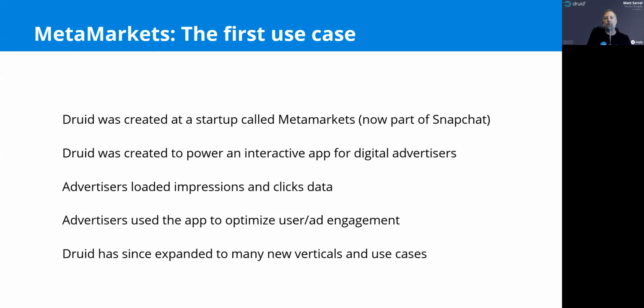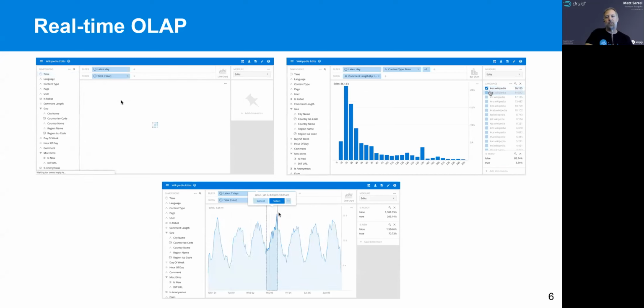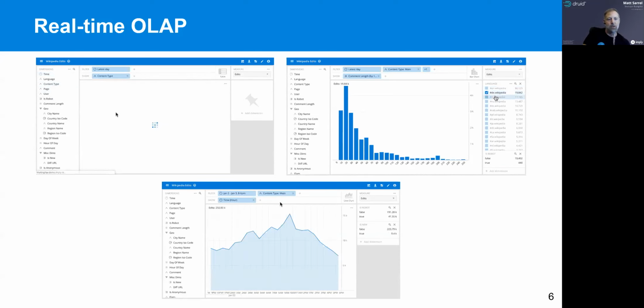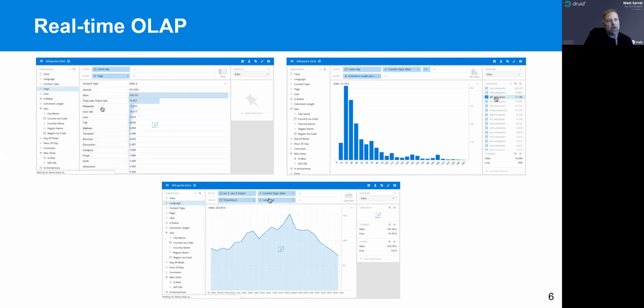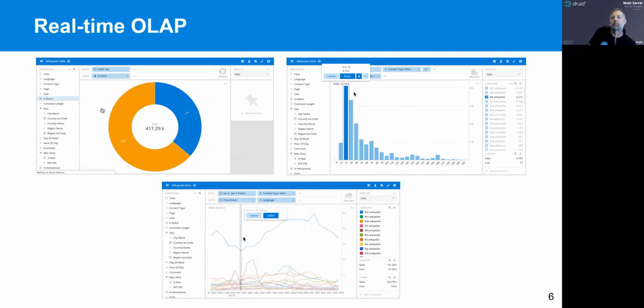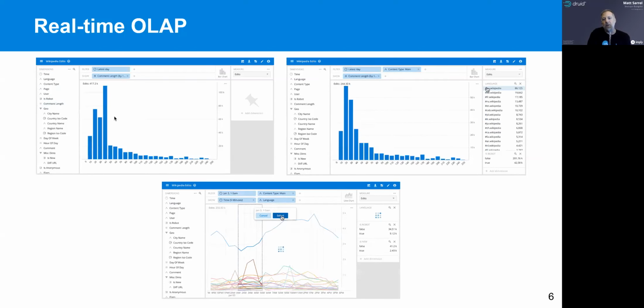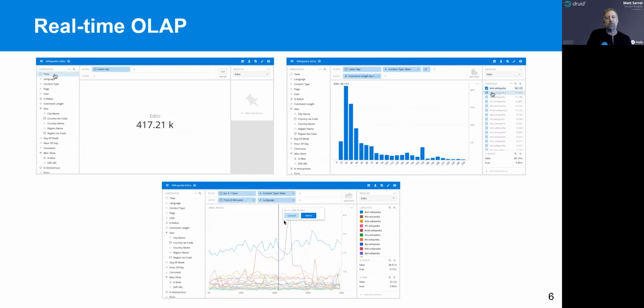As MetaMarkets was building this system, they tried other software and nothing could do what they needed it to do. So then they wrote Druid themselves. And what Druid gives you that other things don't is online, real-time analytics on streaming and historical data.